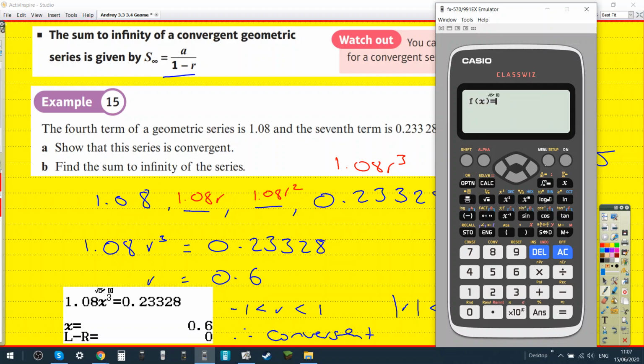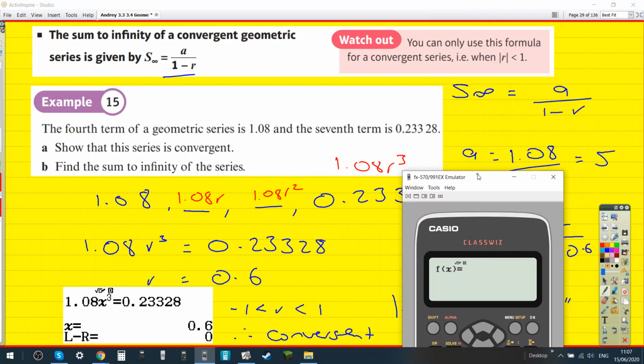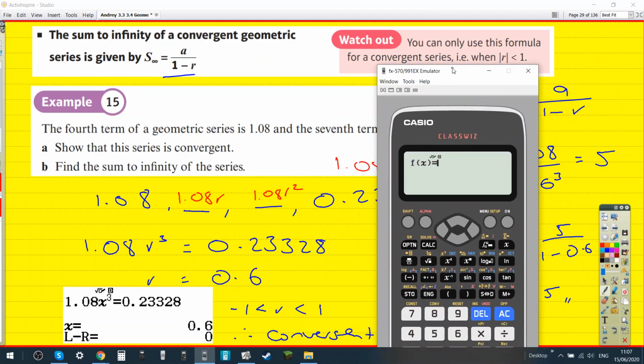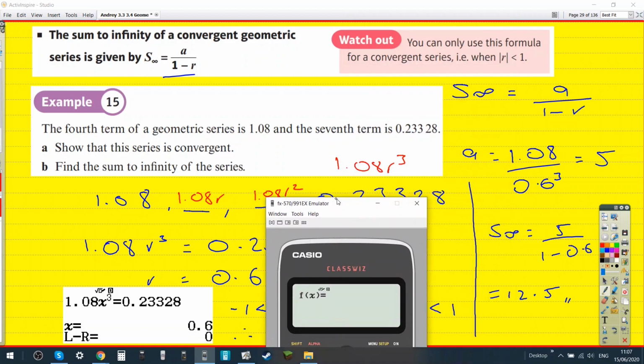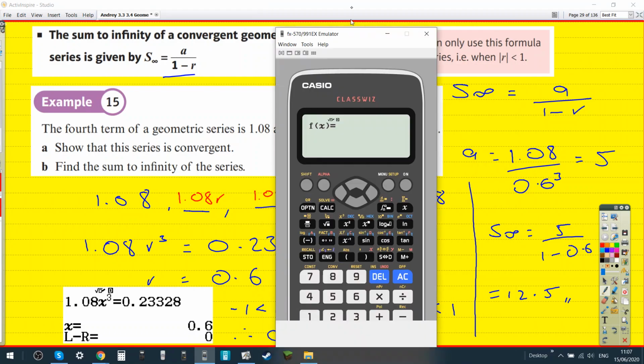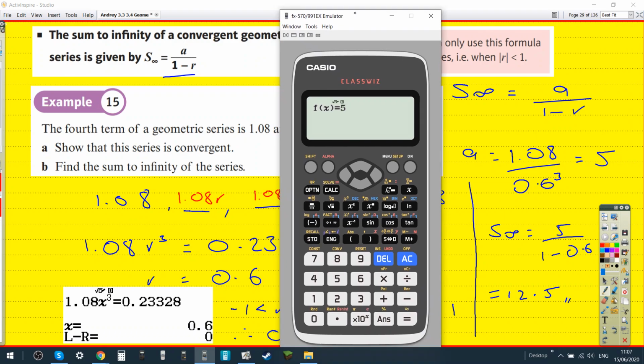Table. What are we doing here? We are doing 0. Sorry, first term was 5. Is this how it will work?